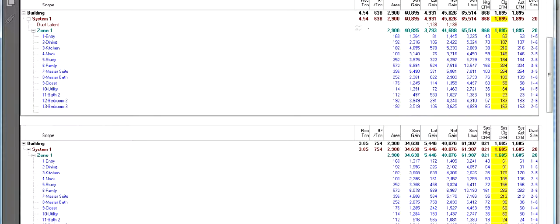So this is the 2009 house. In the summer, 45,826 BTU of heat is entering the house. On the retrofit house, only 40,000 BTU of heat is entering the house. So our retrofit is more efficient in the summer than the 2009 house.